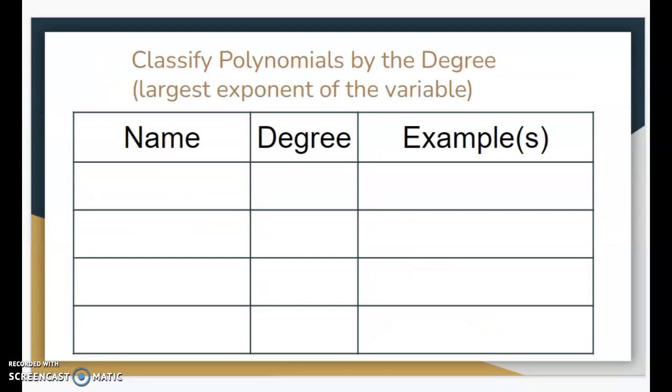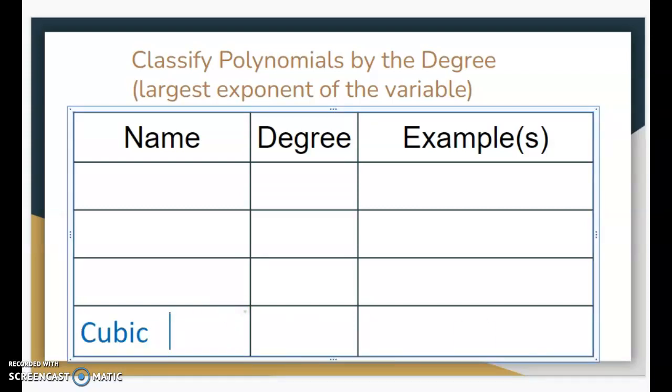We can also classify polynomials by the degree, which is the largest exponent of the variable. The most complex example that we'll get into in Algebra 1 is called a cubic. An example of a cubic would be 11x to the third minus 6x.